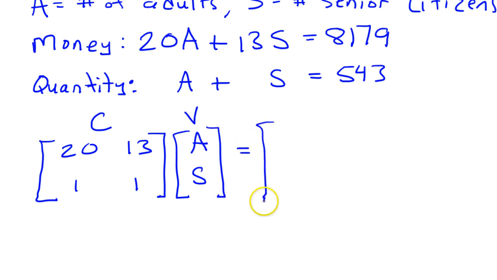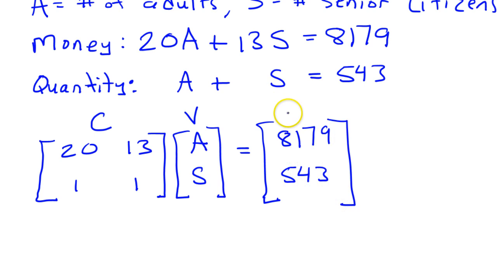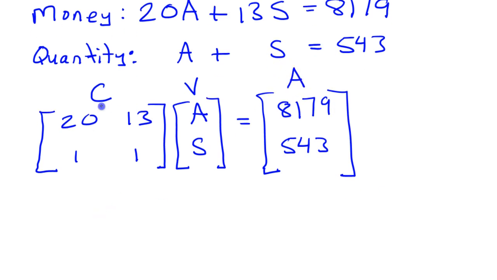And then over here I'll put the answer matrix, which is 8,179 and 543. And that's my answer matrix. So we see that C times V is equal to A. And we know that in that case, matrix V will equal C inverse times matrix A.